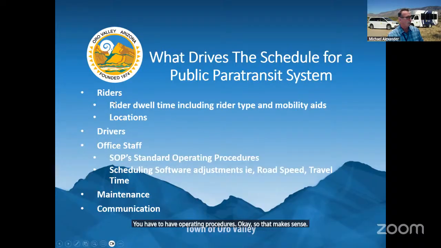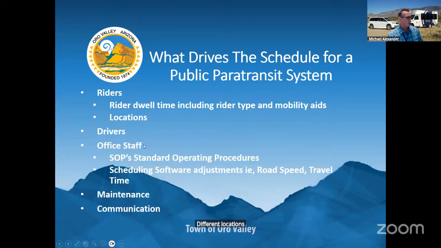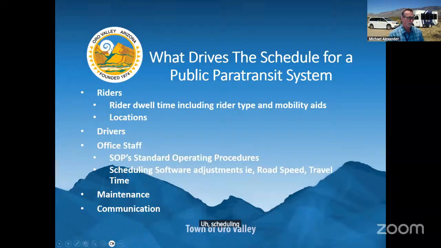But we're going to go through here the rider dwell time, including rider type and mobility aids, different locations, the drivers themselves, office staff. Here's your operating procedures, scheduling software. It has to be adjustable to meet all the needs, and then maintenance, and of course, communication between everybody.